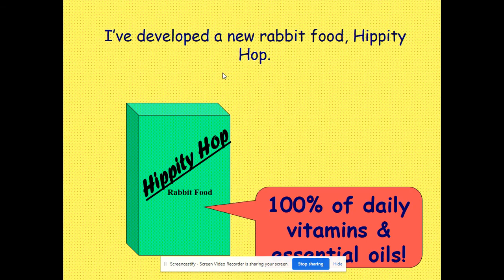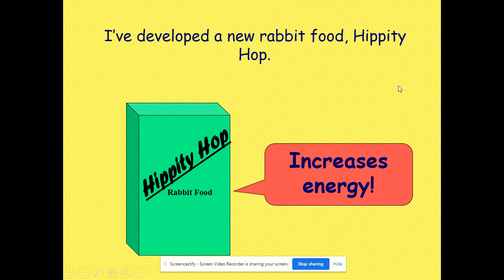Can I just make these claims? Like I said, this is my new rabbit food, it does this. Can I just say that and be right? No. So what do I actually have to do to say those things?